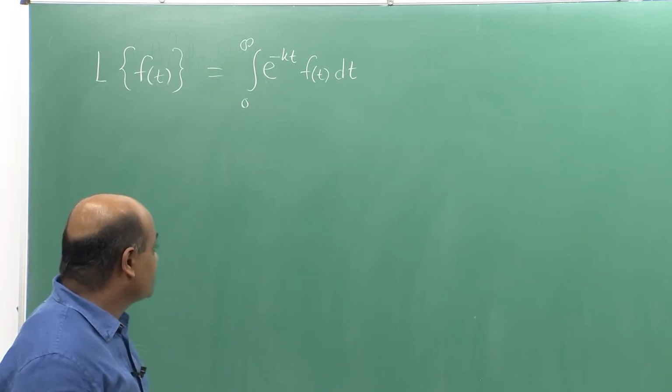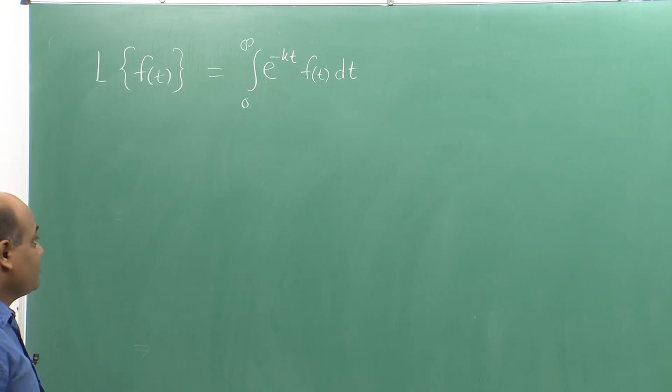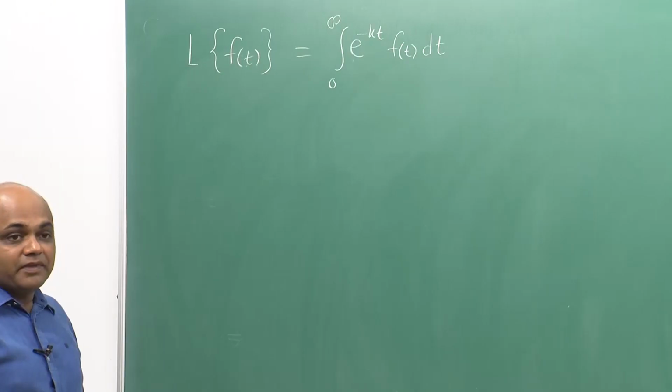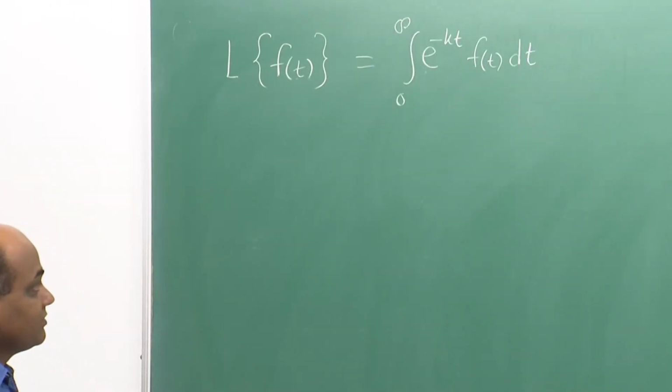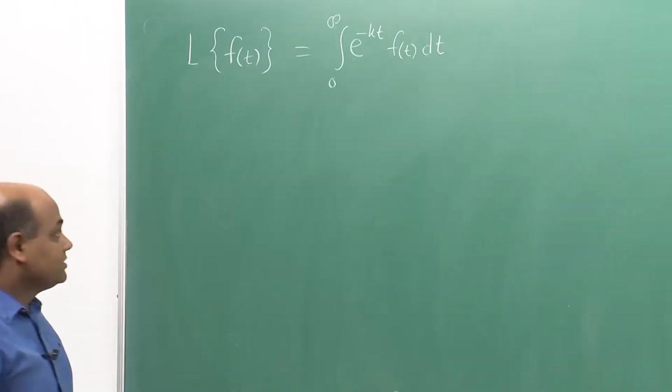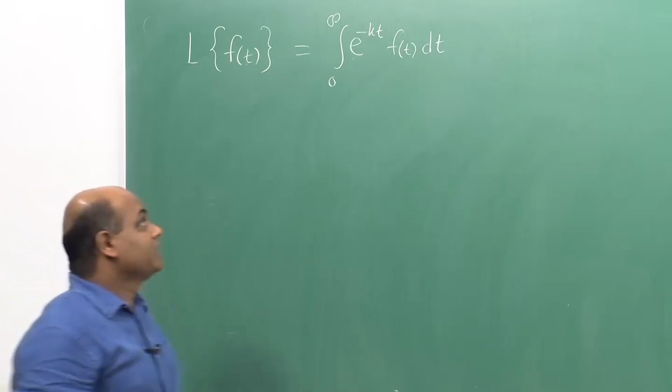So, if we have a function f of time t, to take its Laplace transform we multiply the function by e to power minus k t and integrate the product from time equal to 0 to infinity. So, this is a definite integral. So, obviously, it is independent of time.